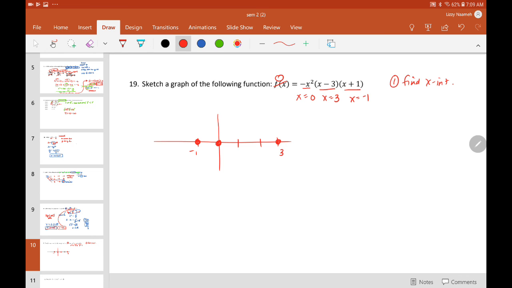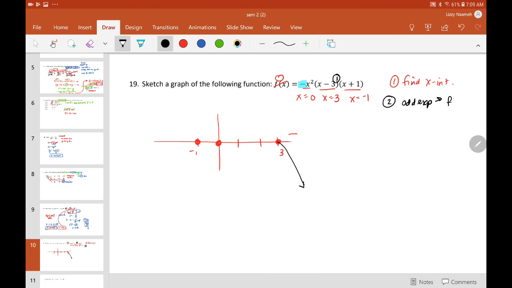Okay, now, using the sign in front, that negative in front tells me that I need to start on the right side. My graph is going to be negative, aka my graph is below the axis. Now, at x equals 3, look at the exponent on x equals 3. That exponent is odd.